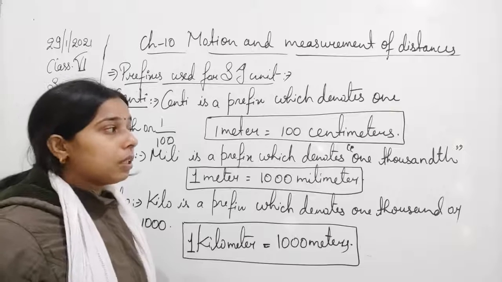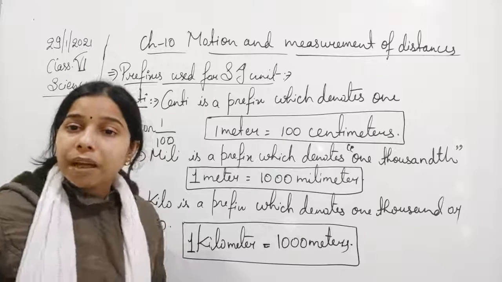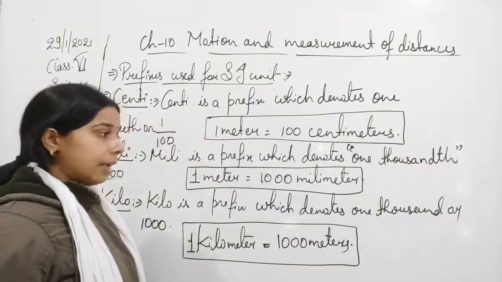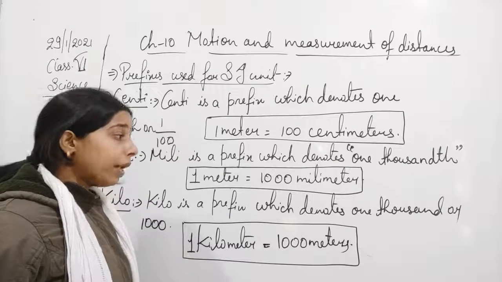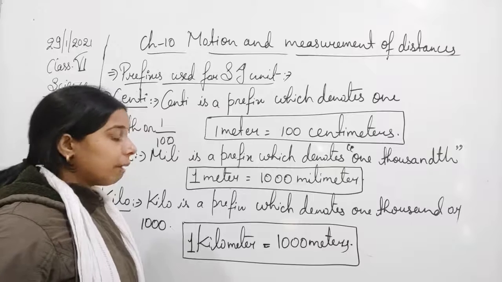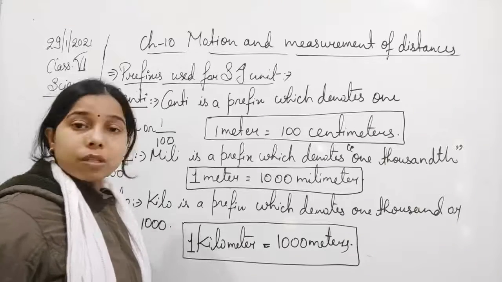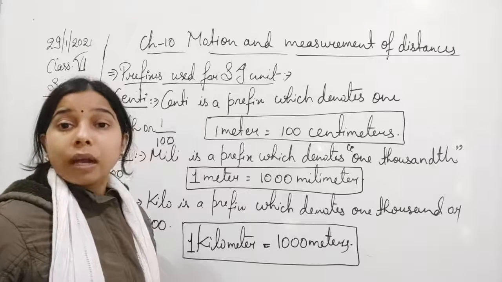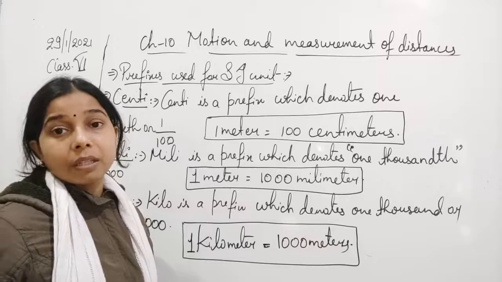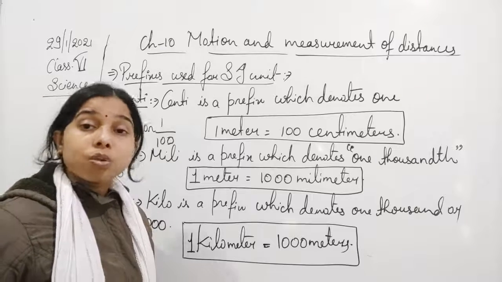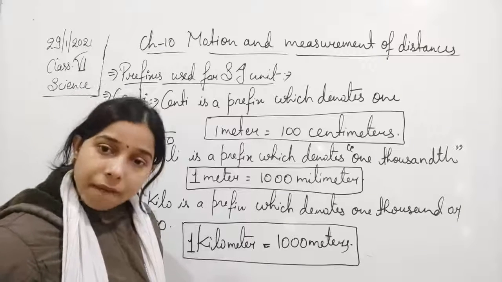So centimeter gives a lower value, and in case of a millimeter, 1 millimeter is equals to 1/1000 meter, or 1 meter is equals to 1000 millimeter. So ultimately we will say that millimeter decreases the value more than that of the centimeter. So it will give the smallest value.